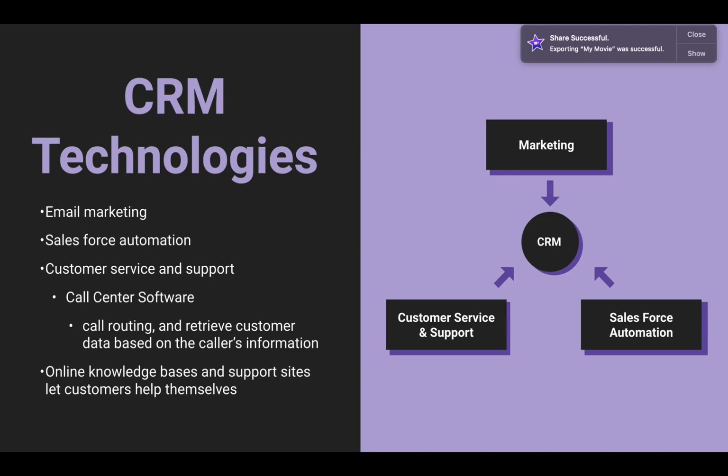And last is customer service. CRM can help organizations make major improvements in customer service and support and reduce costs as well. The click to chat feature is widely used to interact with customers having login problems or other issues. So if you've encountered going to a website and someone just asks you, "Hey, how may I help you?" Right?